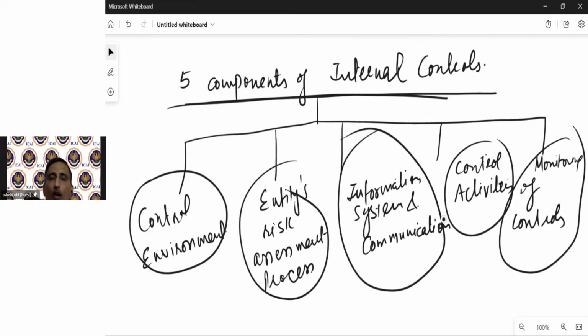Some of these might not be tangible, but the purpose of making you study these components is to give you a clear picture about what things go to constitute a whole internal control system. Okay. While auditing, you do not find control environment tangibly, physically. You can only feel it, you can assess it. Okay.